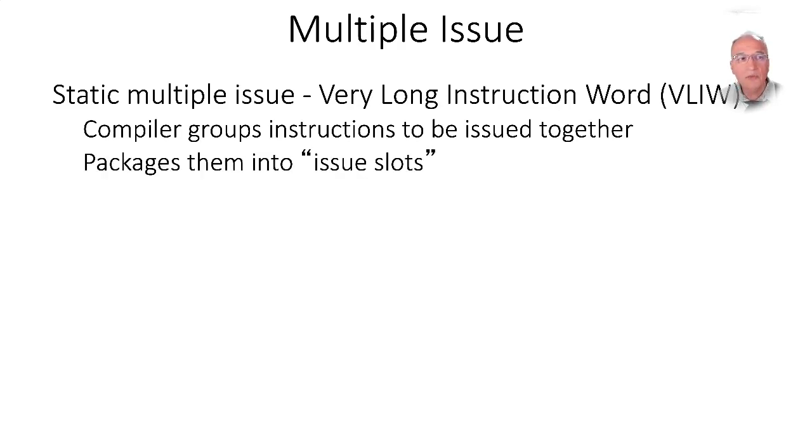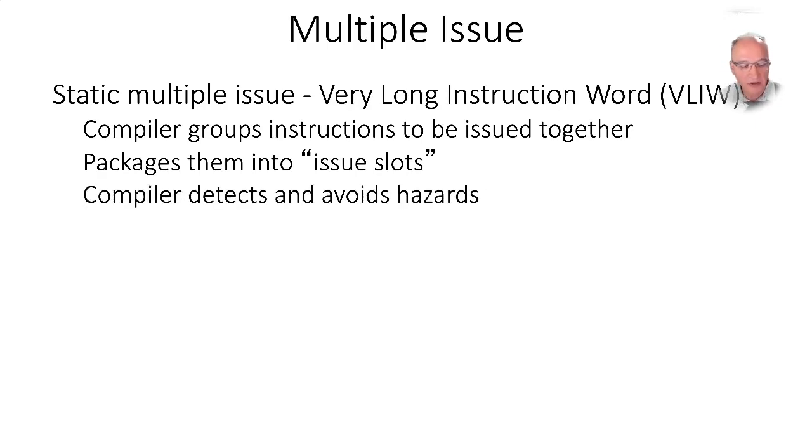The compiler will package them in multiple issue slots, and the compiler will detect and avoid the hazards. So most of the work is done by the compiler, and the hardware is simplified in that way.